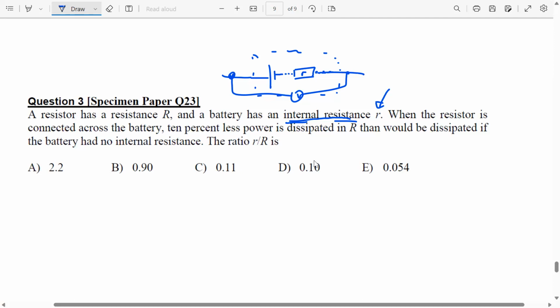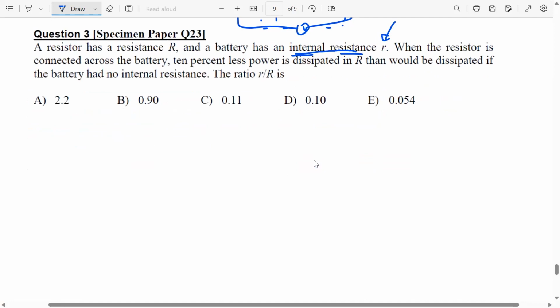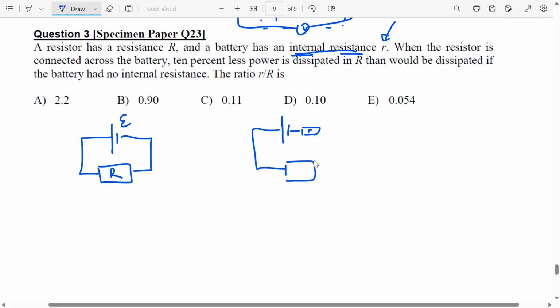What is the ratio? So they are saying that we now have two circuits: R with an EMF, versus R with an EMF and internal resistance small r. The power in the first is V squared over R, EMF squared over R. In the second, we need to consider the potential divider rule.